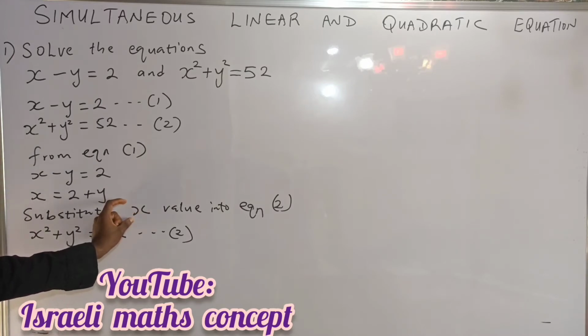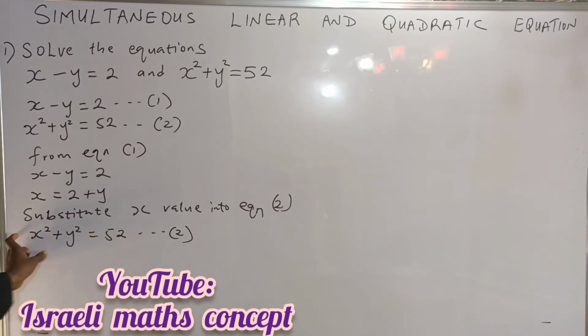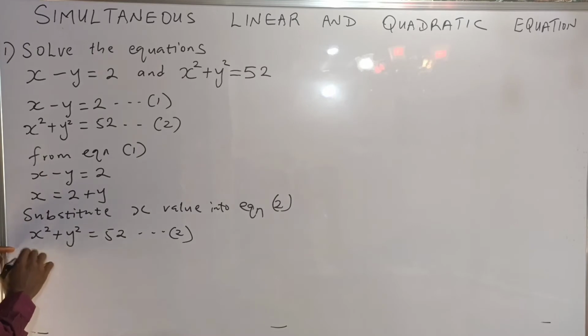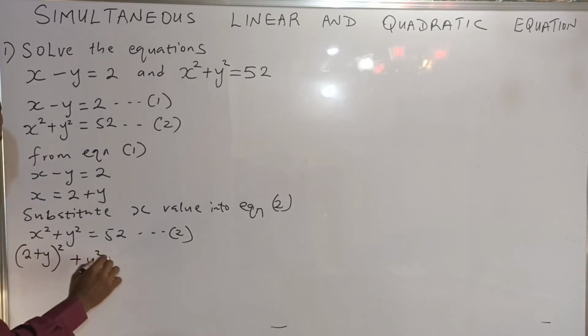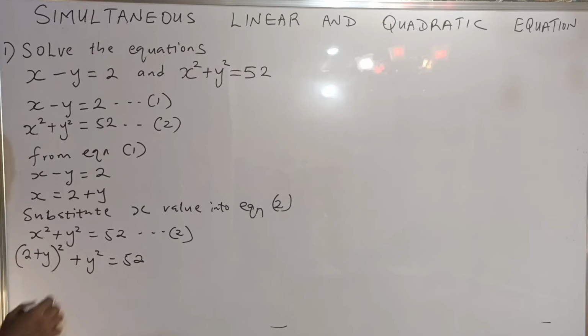The value of x is 2 plus y. I want to substitute it in this given equation 2. So wherever I see x in equation 2, I will replace it with 2 plus y. Then I have 2 plus y, and because of this square, I have to square it. Then plus y squared equal to 52.